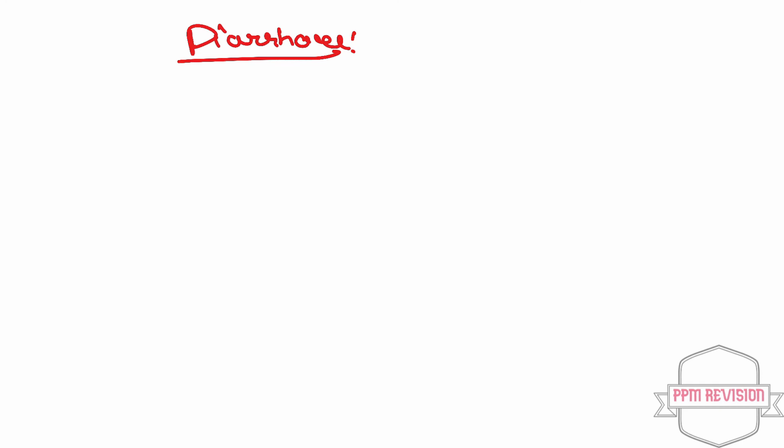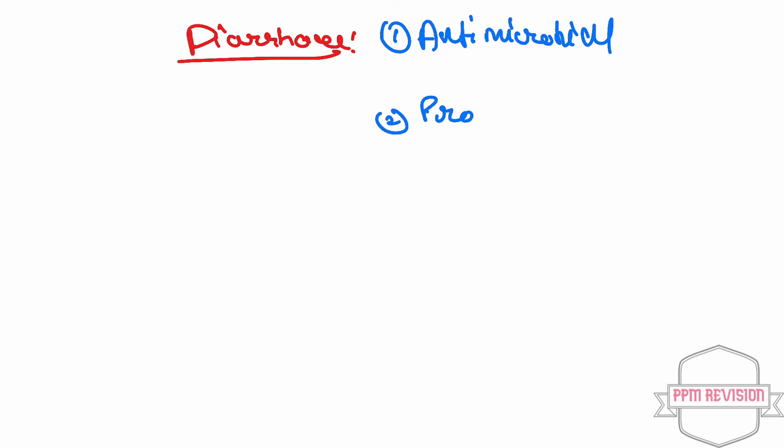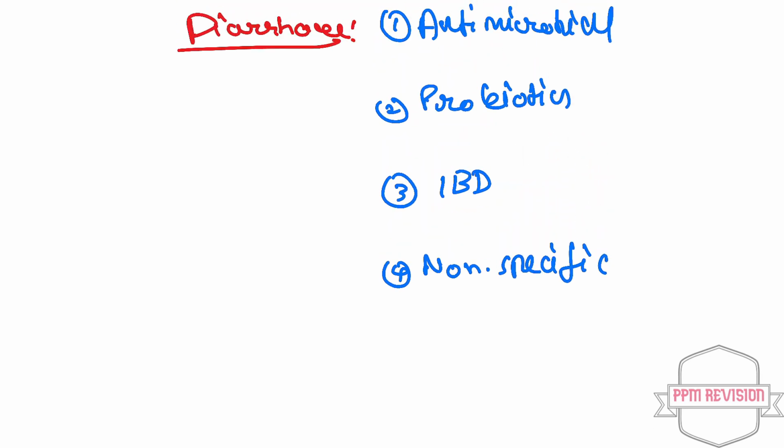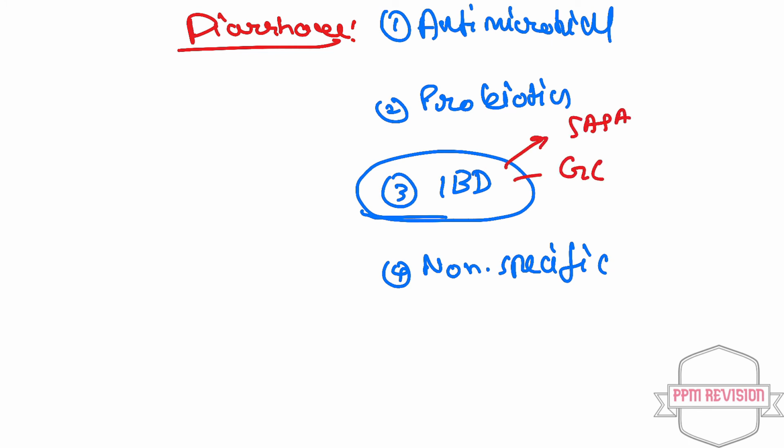Diarrhea drugs. We have the antimicrobial, then the probiotics. We also came across the IBD, inflammatory bowel disease. Then we also saw some non-specific anti-diarrheal drugs. So under the inflammatory, we saw three categories, that is the 5-ASA, and then glucocorticoids, and also immunosuppressants.